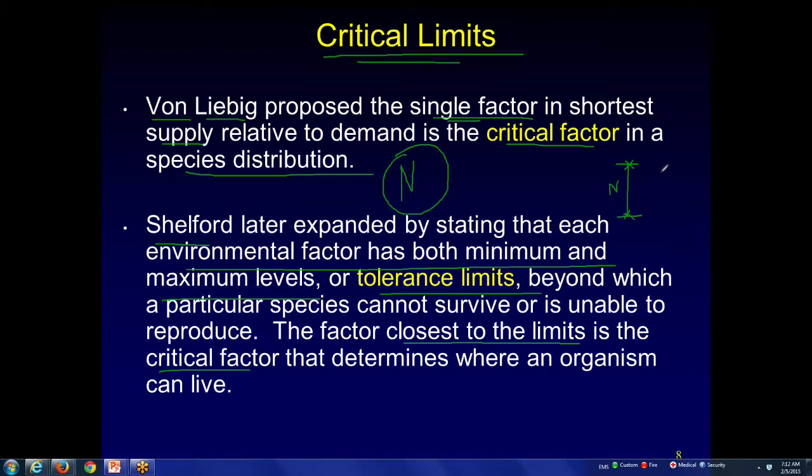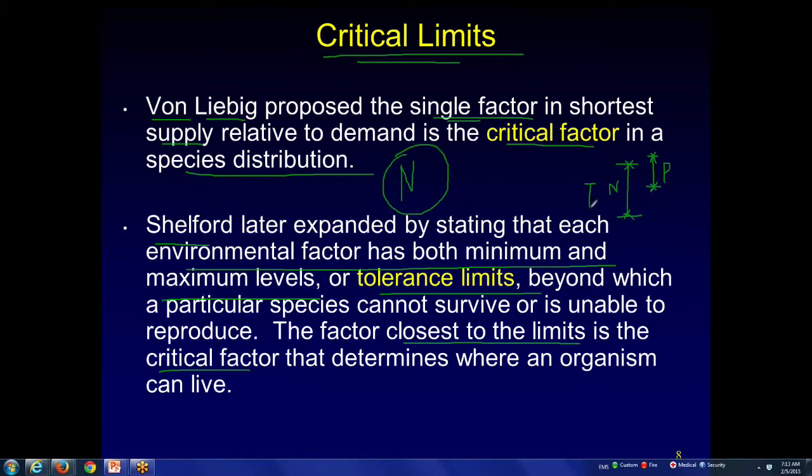All right, and then right next to that you have levels of phosphorus. Let's say your level of phosphorus needs to be at least this high and at least that low. So there's the high point, there's the low point for phosphorus. Okay? And then let's say we have potassium, and the potassium range is a little bit lower.